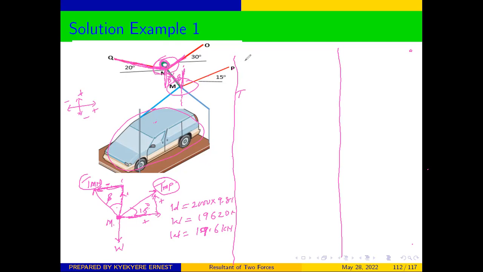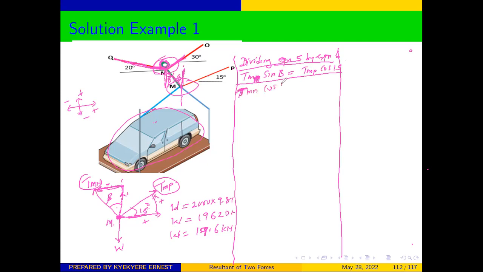Therefore, dividing equation 5 by equation 6, we are going to get TMP sine beta is equal to TMP cos 15. And equation 6 is, sorry, this one is TMN, not TMP. TMN.